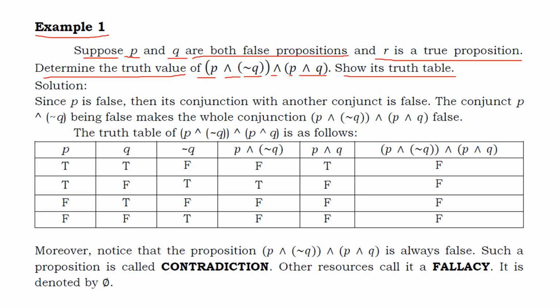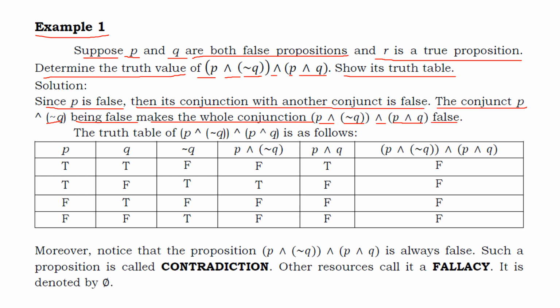So for our solution, since P is false, then its conjunction with another conjunct is false. Yes, it is. The conjunct P conjunction negation Q being false makes the whole conjunction, P conjunction negation Q, conjunction, P conjunction Q, false.